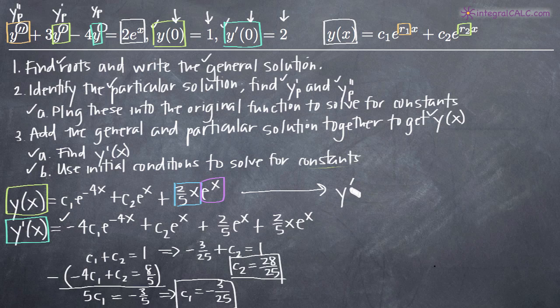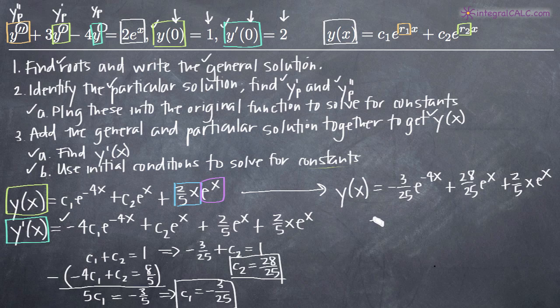The solution will be y of x equals, we know that c sub 1 is equal to negative 3 over 25, so negative 3 over 25 e to the negative 4x, and then we have c sub 2 as 28 over 25, so plus 28 over 25 e to the x, and then, of course, from our particular solution here, plus 2/5 x e to the x.